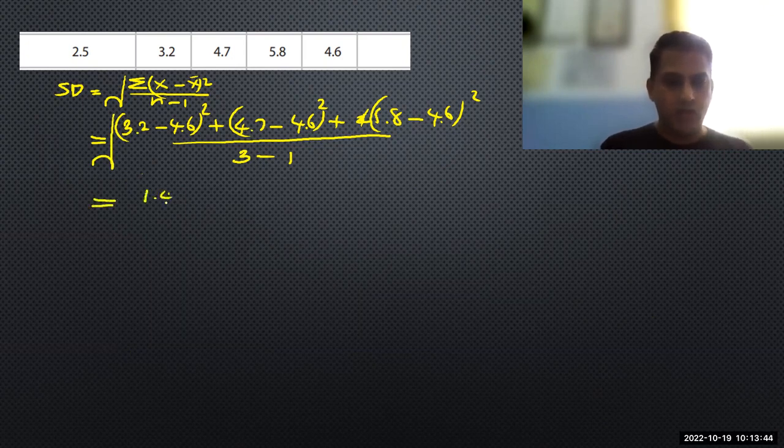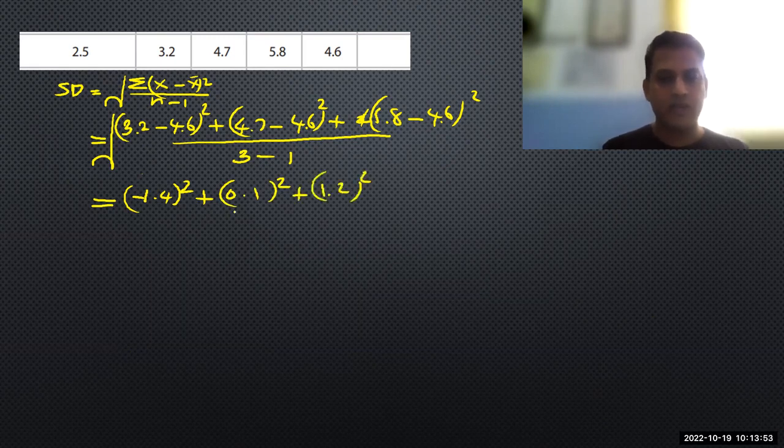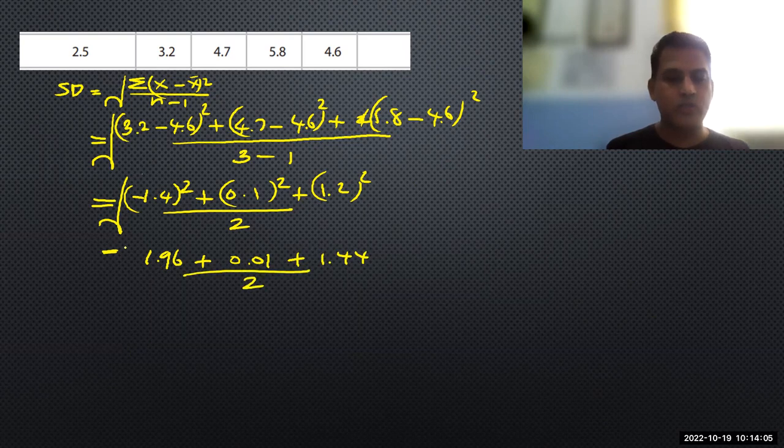Here 1.4 squared plus 0.1 squared plus 1.2 squared, divided by 2. Here 1.96 plus 0.01 plus 1.44, divided by 2, all square rooted.